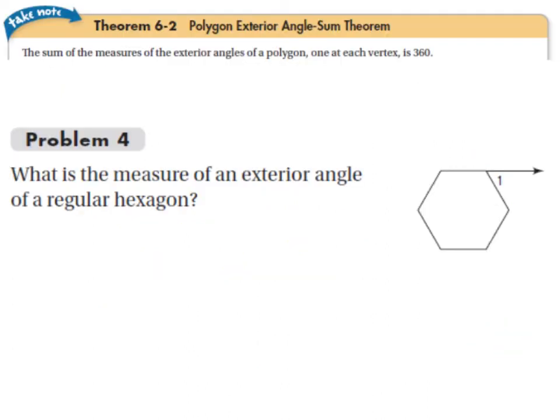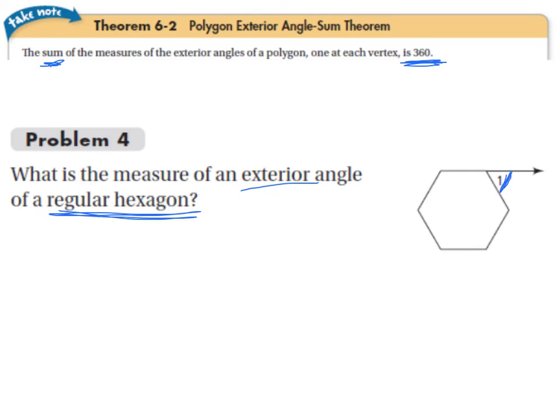And my last problem, exterior angles. You should have figured out that whenever I have exterior angles, the sum of my exterior angles is always going to be 360. Always, always. So what is the measure of an exterior angle in a regular hexagon? I'm looking for this angle right here.